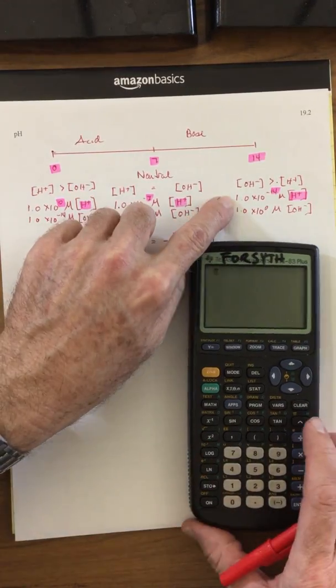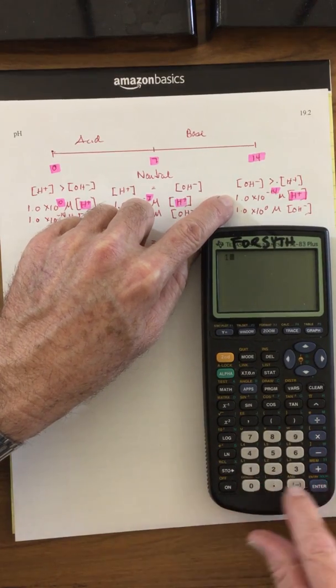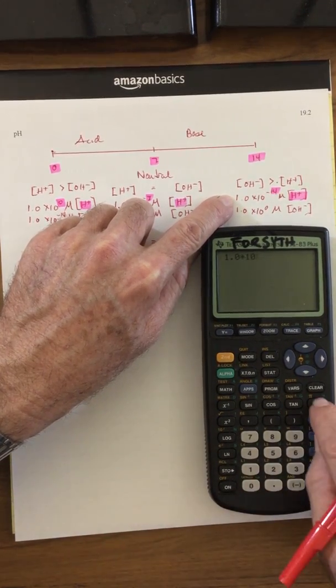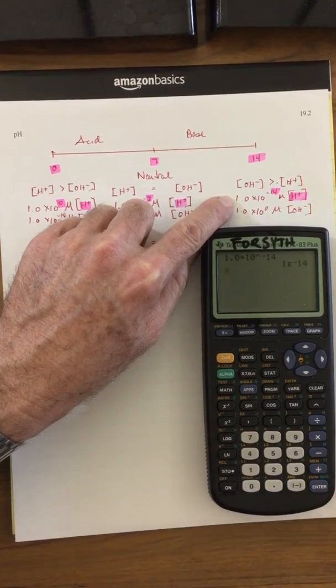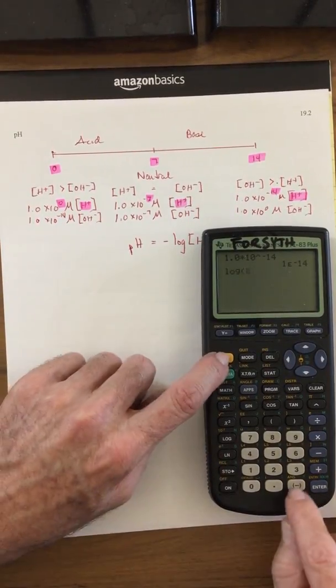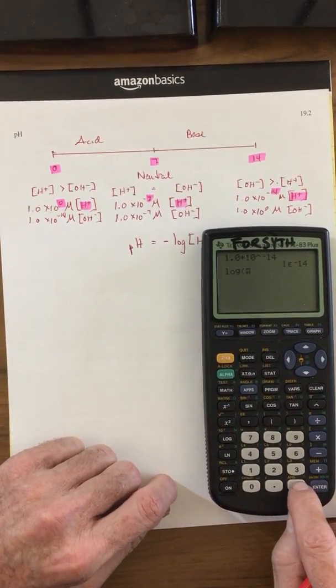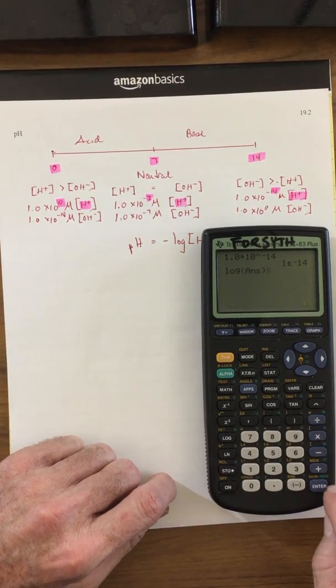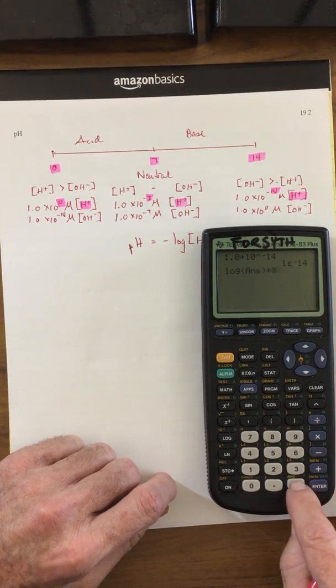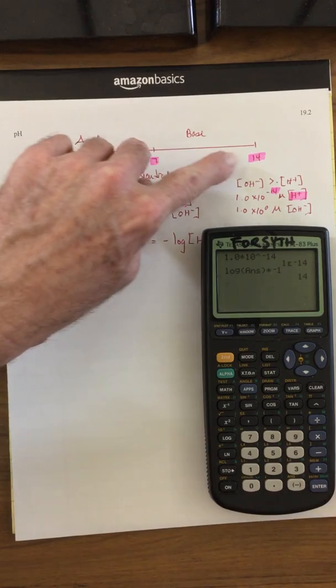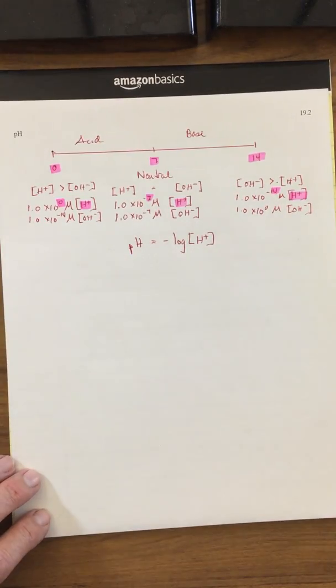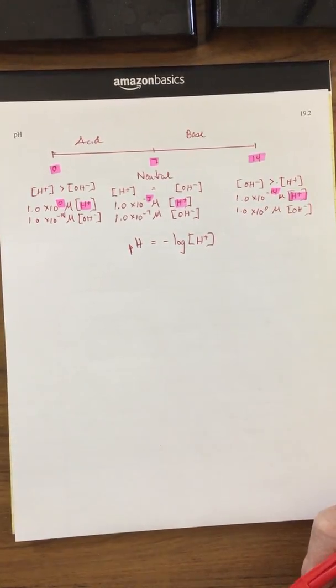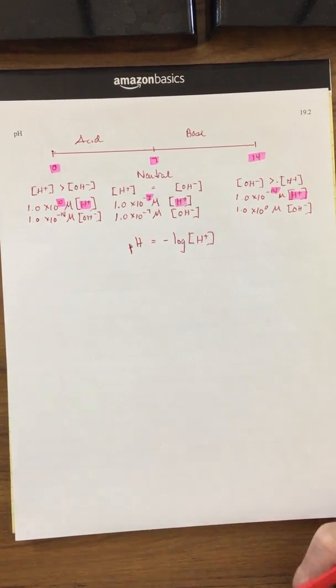Going over here, if I take the hydrogen ion concentration, 1.0 times 10 to the minus 14, if I take the log of that value and then multiply it by, again, a negative 1, I will get a pH of 14. So that's the definition of pH and how to calculate it with the calculator.